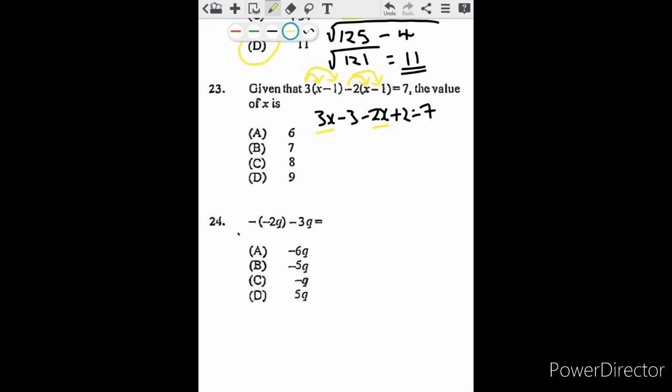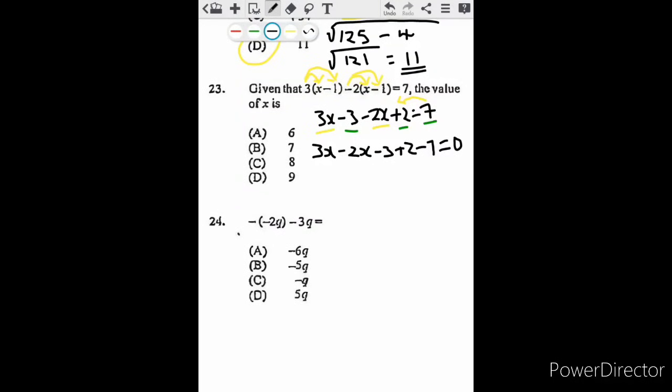We're going to group all of our like terms together. So we have 3x, -2x, -3, +2, 7. So rewriting that, we'll have 3x minus 2x minus 3 plus 2. Then we take over the 7, so that is minus 7. And that is all equal to 0.